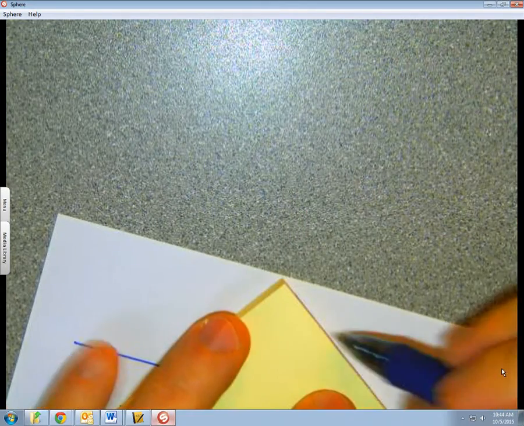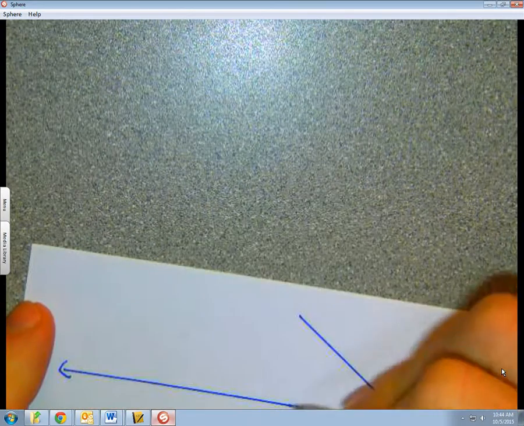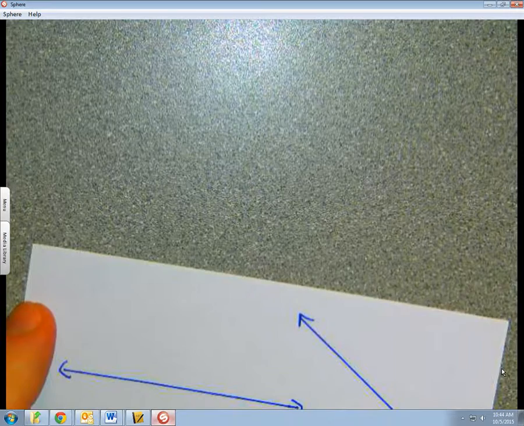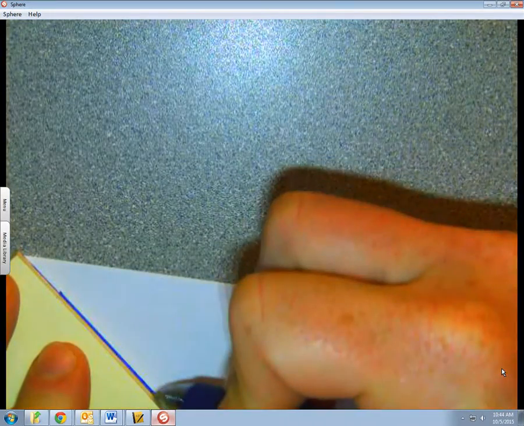So supplementary, and I probably spoiled the punch a little bit, but there's that, there's that, those lines, throw in a ray or two.